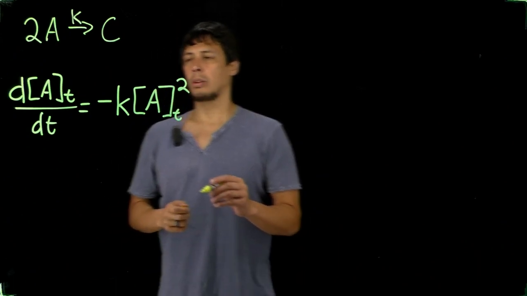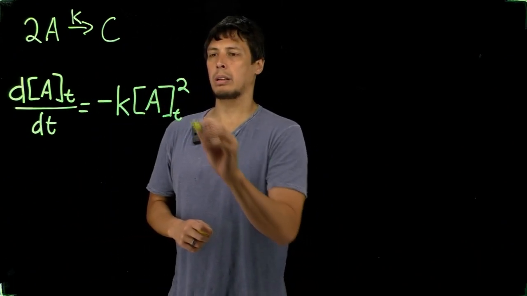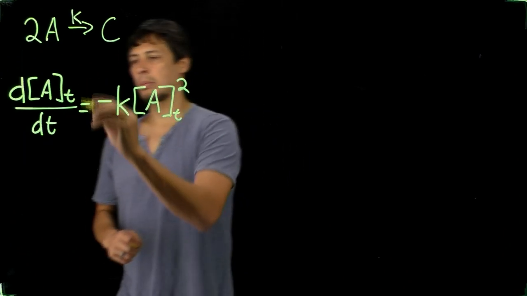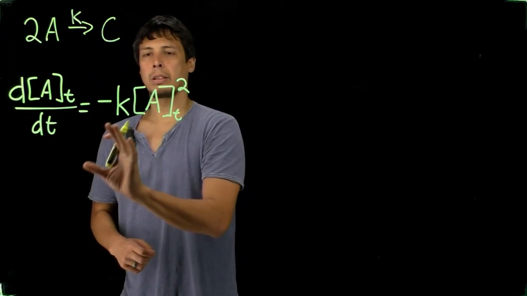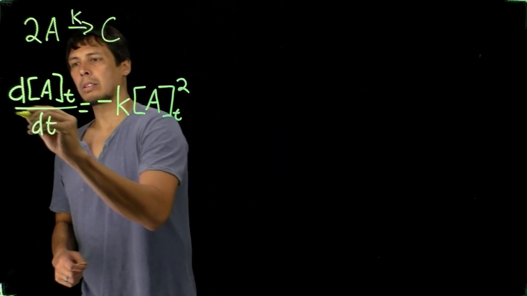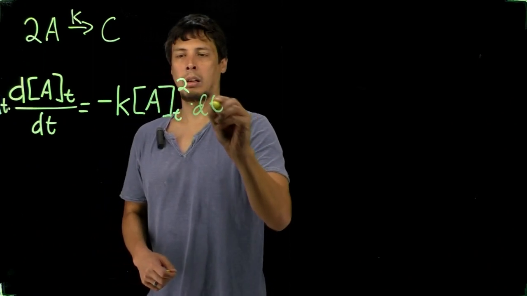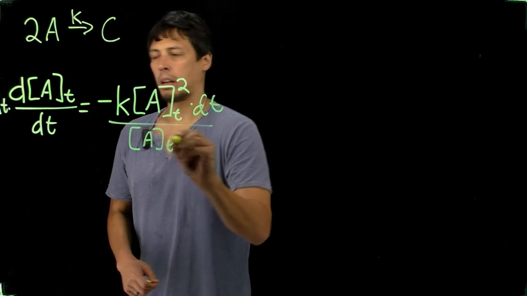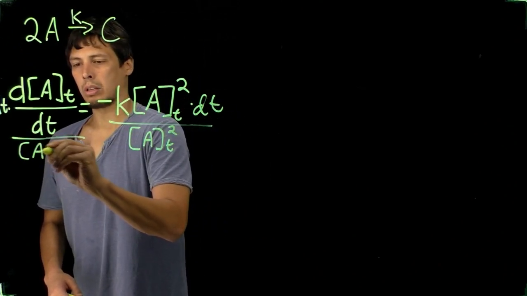Okay, so you can see that on the left side and the right hand side there are terms of A at time t on both sides. So we can set this up so that all the terms are on the left hand side for A of t, and then we put dt on the right hand side. So we do that by multiplying by dt on both sides, and we divide by A of t squared on both sides.